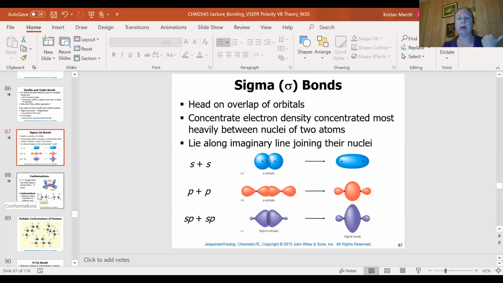A sigma bond, you have to have overlap, direct overlap along an axis, and the electron density is in between the two and around the two nuclei. So it's between and it's also directly around it. Your pi bond, they have to be parallel, not overlap, and the density is above and below the axis of the nuclei of the sigma bond.